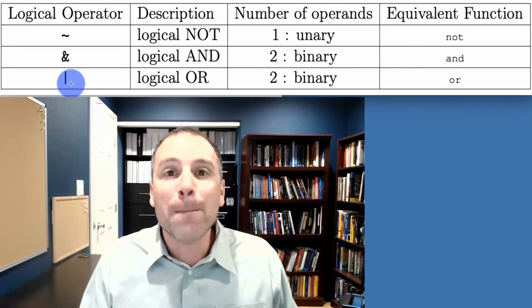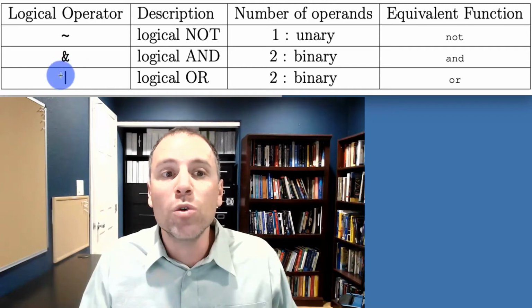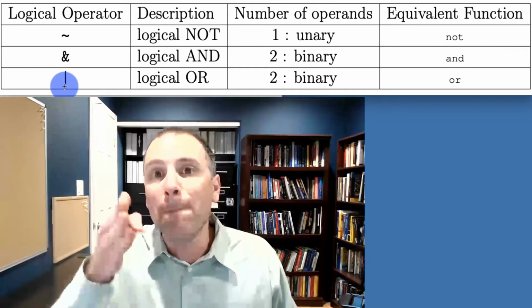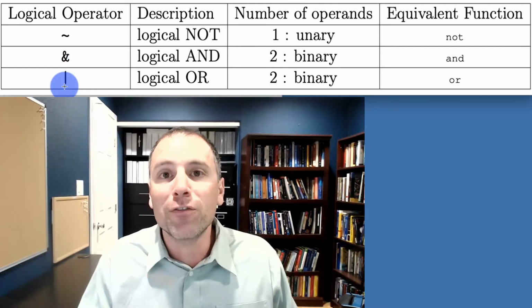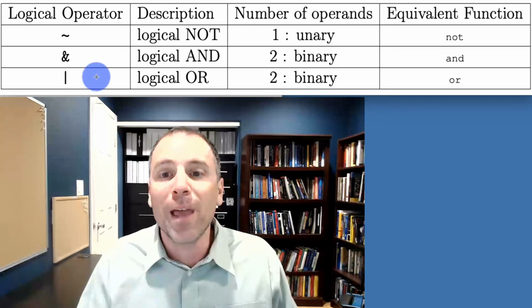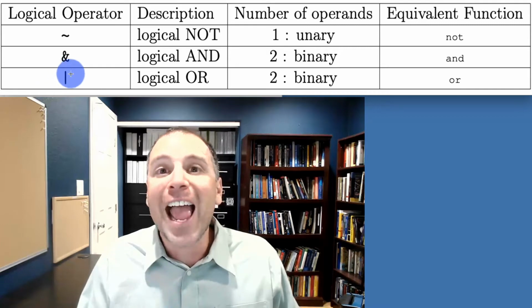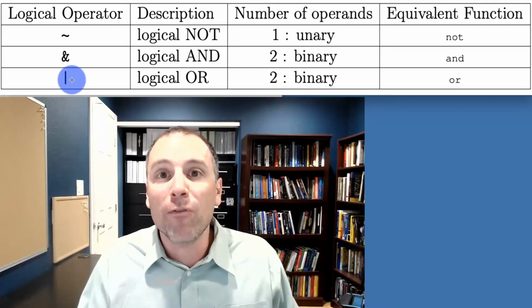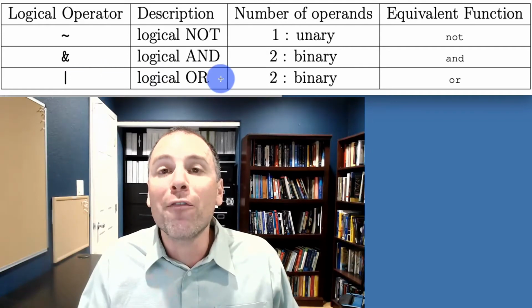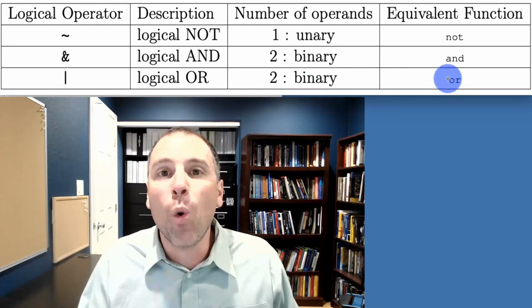Finally, the last binary operator that we've seen so far uses the vertical bar or the pipe symbol. That's the shift backslash key on the keyboard. That is also a binary operator since on the left and right side of that vertical bar, we actually place logical variables. The equivalent function in MATLAB was the OR function.